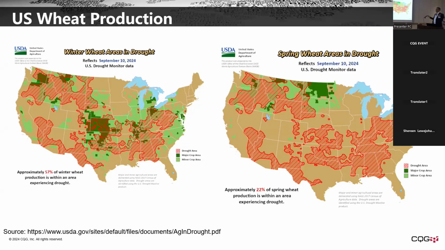So it's completely different, a lot more complex to analyze, because we have a few places with higher levels of production and crop areas. And as we saw at the very beginning, the droughts are a lot more frequent in those areas. As of the 10th of September, we saw that 57% of the production areas were affected, at least with some level.